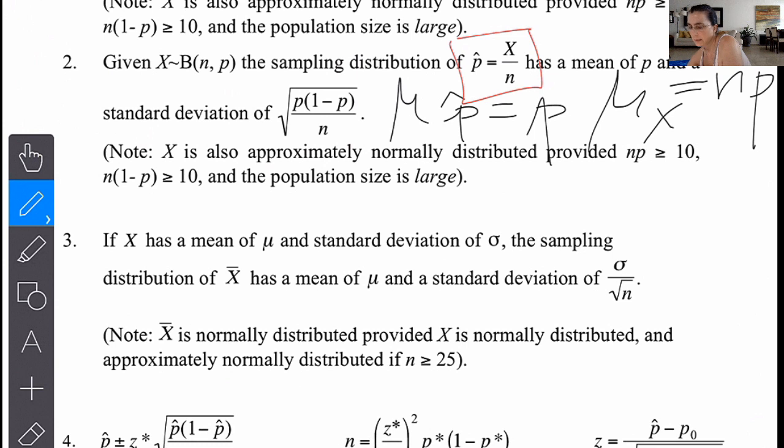So whatever I do to the values of x, in this case dividing by n, I should also do to the mean, correct? So shouldn't the mean just be divided by n, just like x is divided by n? Of course it is. That's where this comes from. That is because of the properties of means and variances. The standard deviation will have the same result. And that's what I'm going to discuss, I guess, tomorrow.